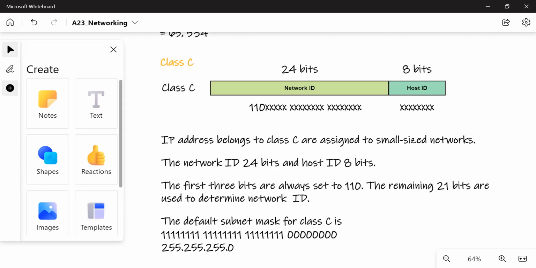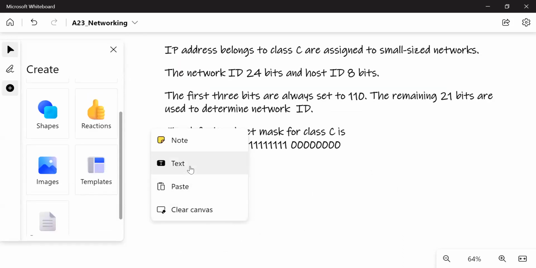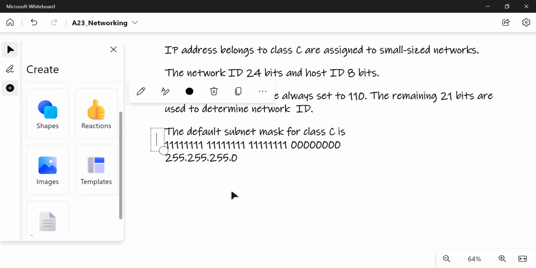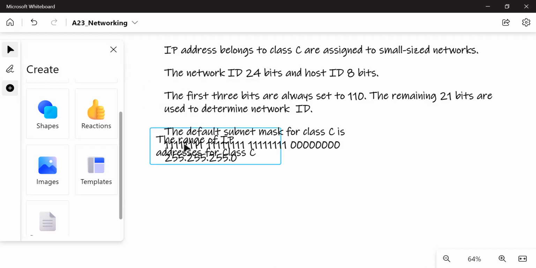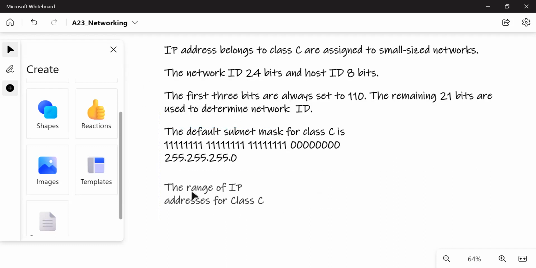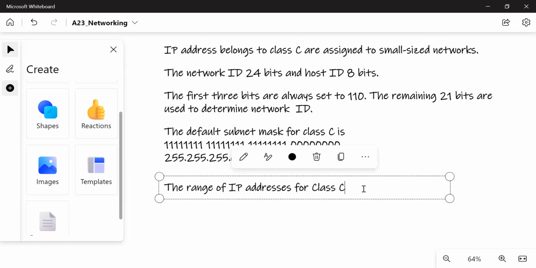So we talk about the range of IP addresses for class C.